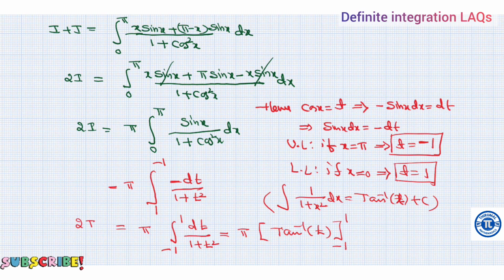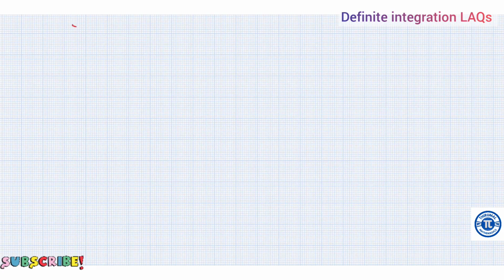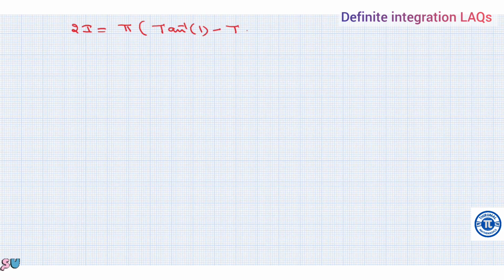Okay, 2I equals pi into tan inverse of 1 minus tan inverse of -1.